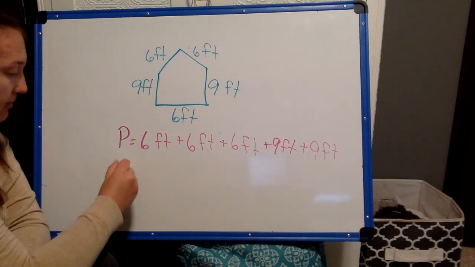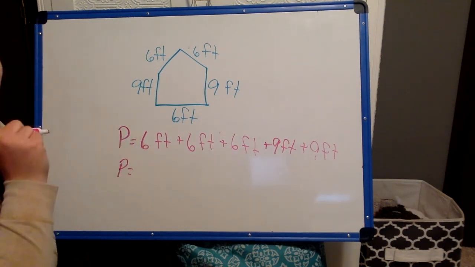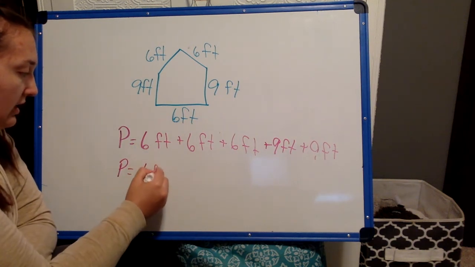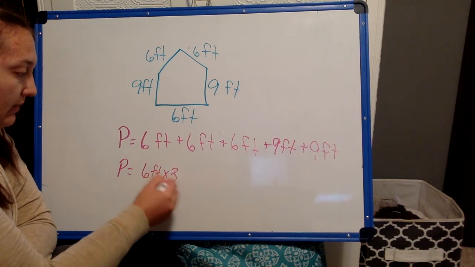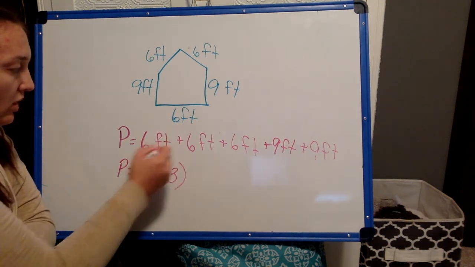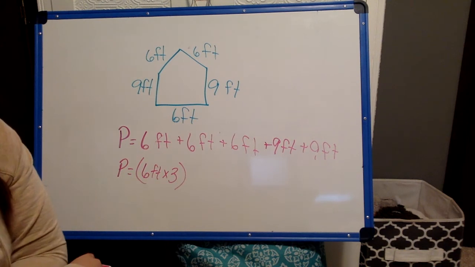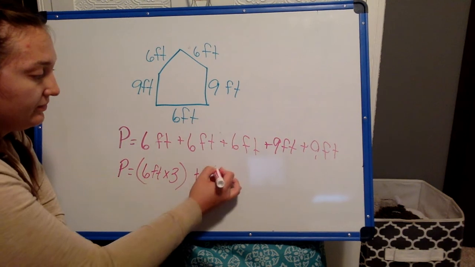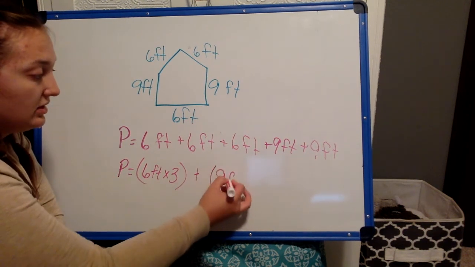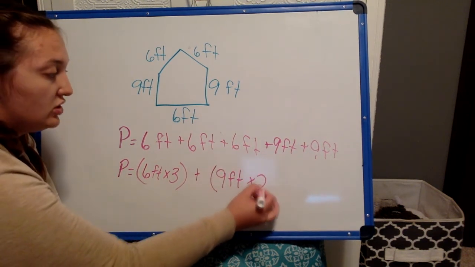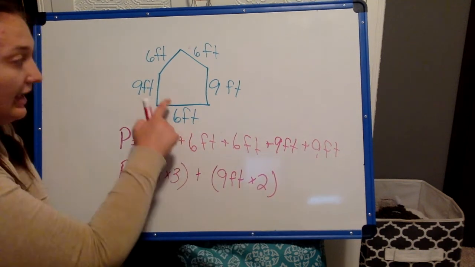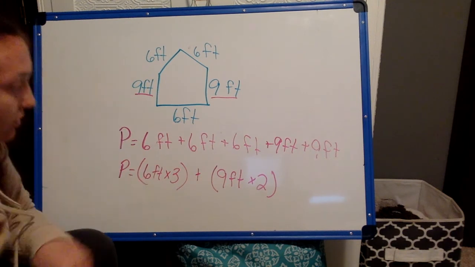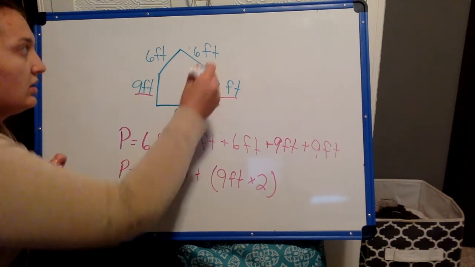Or I could say P equals, well, if multiplication is repeated addition, 6 feet times 3, because there's 3 sides that are 6 feet, plus 9 feet times 2, because there's 2 sides that are 9 feet.